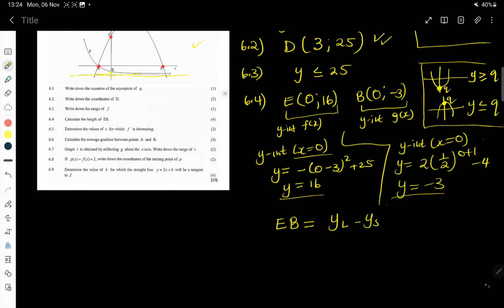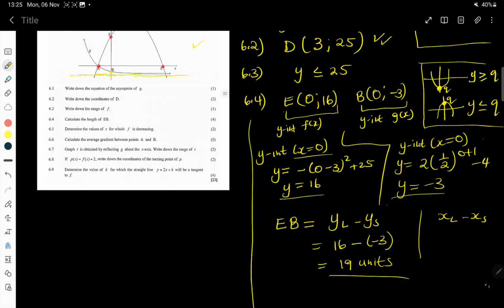If you are looking for the length of the coordinates on the x-axis, you're just gonna use x large minus x small. So your largest y value there is 16, minus the smallest there, negative 3. Then it will be 16 minus negative 3, then you get 19 units. Then you are done. Then the next question, 6.5.